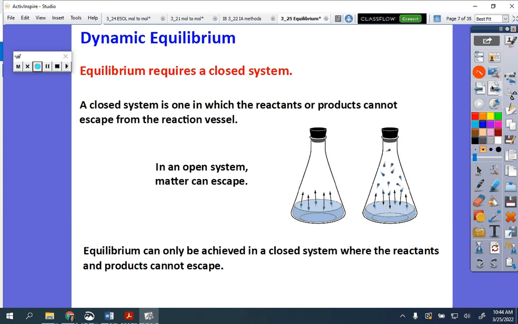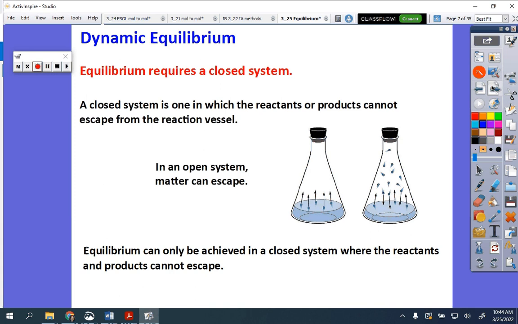Now, a great example of this is just a flask full of water. This isn't a chemical reaction that happens when water evaporates. It's a physical process, right? Change in state. But when we first pour the water in and put the cap on, a certain amount of the water particles are going to start evaporating.